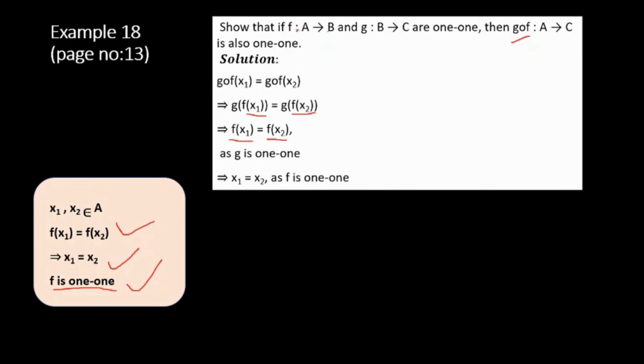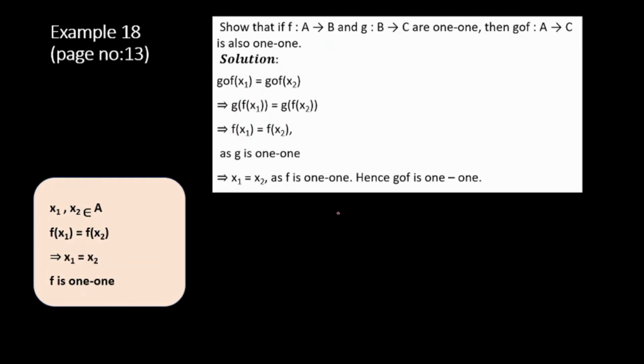Because g is also one-one. So obviously f of x1 equals f of x2. Therefore x1 equals x2 as f is one-one. Hence gof is one-one. So hence proved. That's all. Thank you.